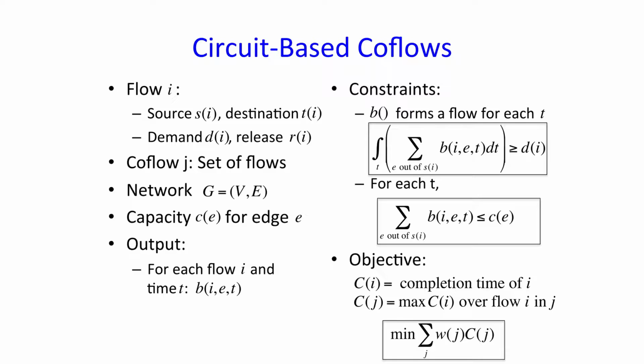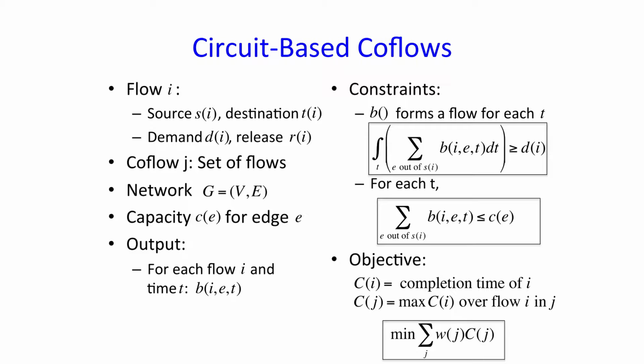If you think a little bit about it, you can put some of this into notation that captures what is going on. You have a source, destination, demand, release time. You have a graph, with a capacity for each edge. For each flow, you need to specify a bandwidth for that flow on an edge e at time t.